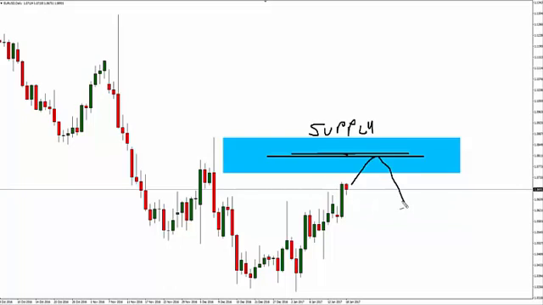So this looks like a pretty decent place to look for a short in and around the 1.0790 level, down to the 1.07375 type area. Stop goes above there. I'll have another go at this in this area as well, because that is a beast of a trap up in that area. So keep an eye on that.